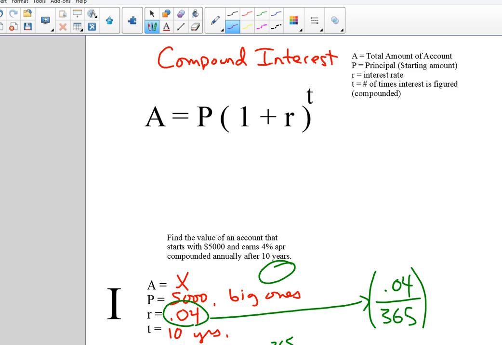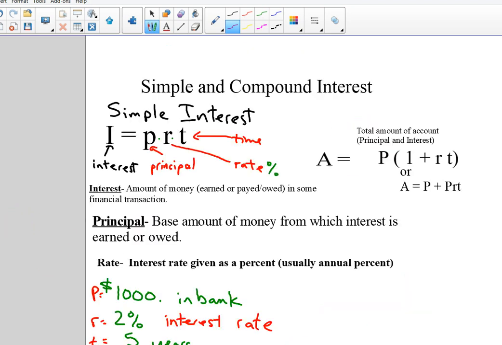So we have this formula that I just wrote on the last page, I equals PRT. The interest is an amount of interest, and it's equal to the P, which is the principal.